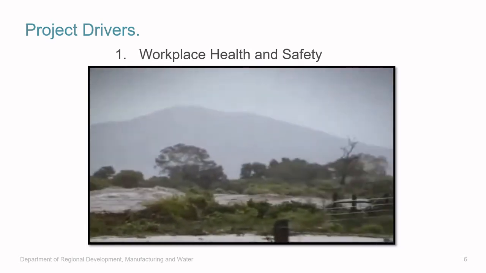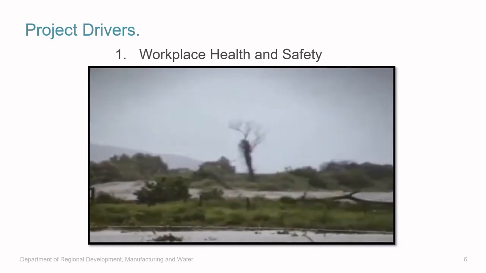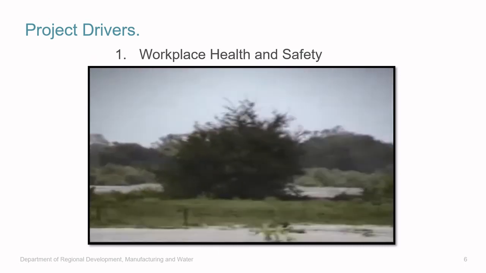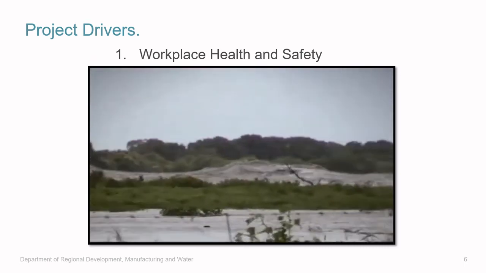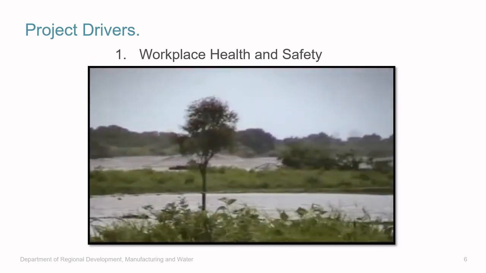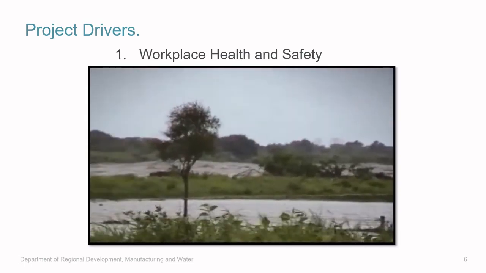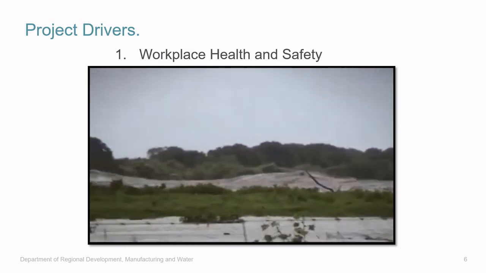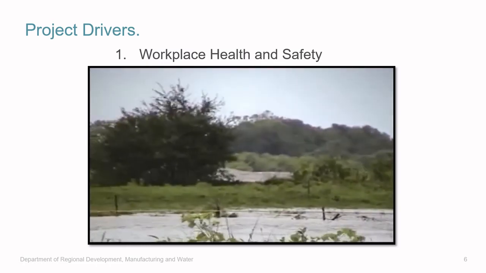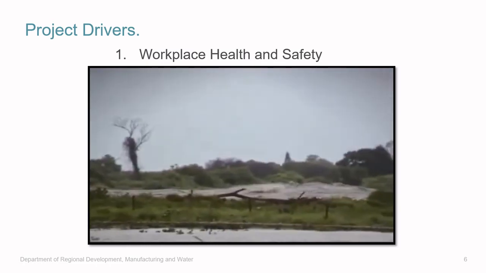So some of the project drivers, obviously, first up was workplace health and safety. A lot of pressure on not undertaking high flow measurements due to safety reasons, putting people in boats. So this was seen as an opportunity to find an alternative to those methods.